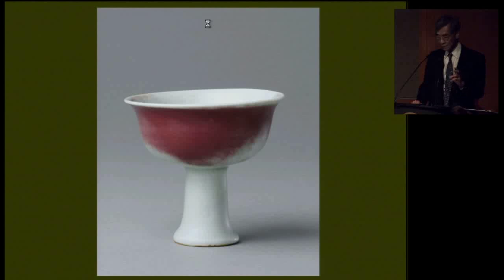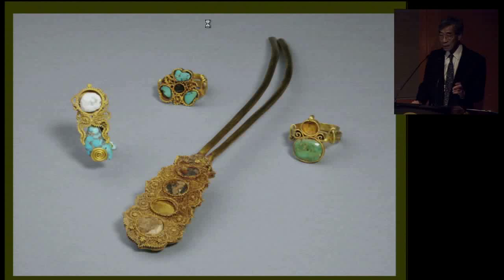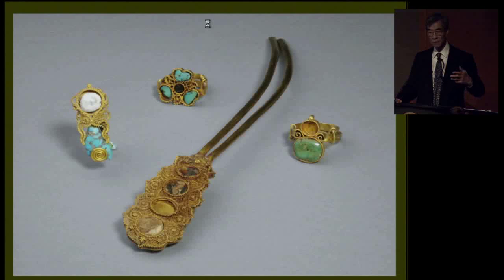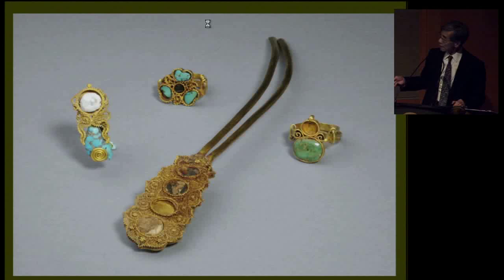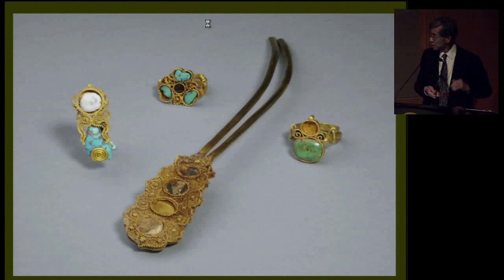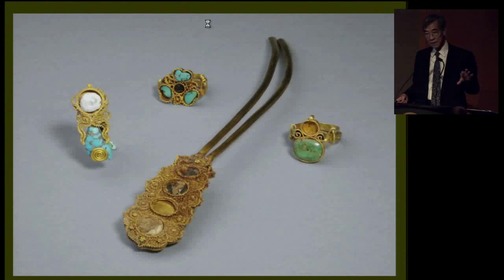But to be more serious, actually the first version is just as serious. In addition to these stem cups, you have a kind of jewelry worked in granulation and filigree, which is a gold working technique that was prevalent on the steppes of Northern and Central Asia since the time of Alexander.